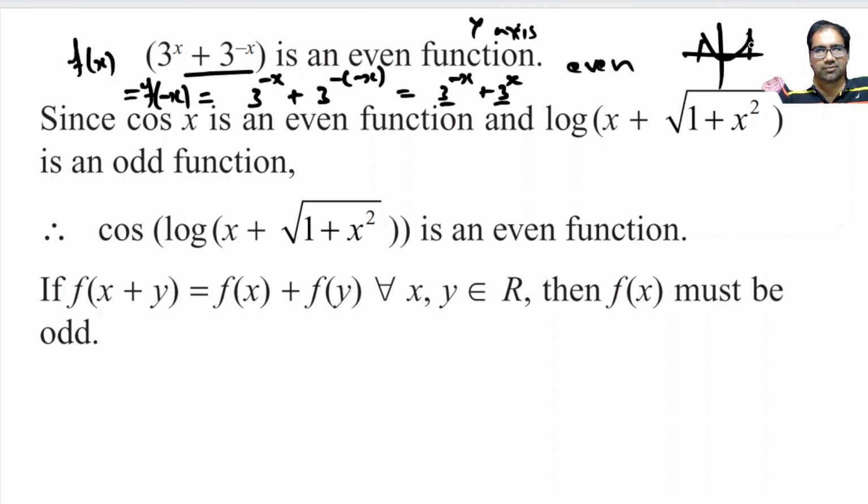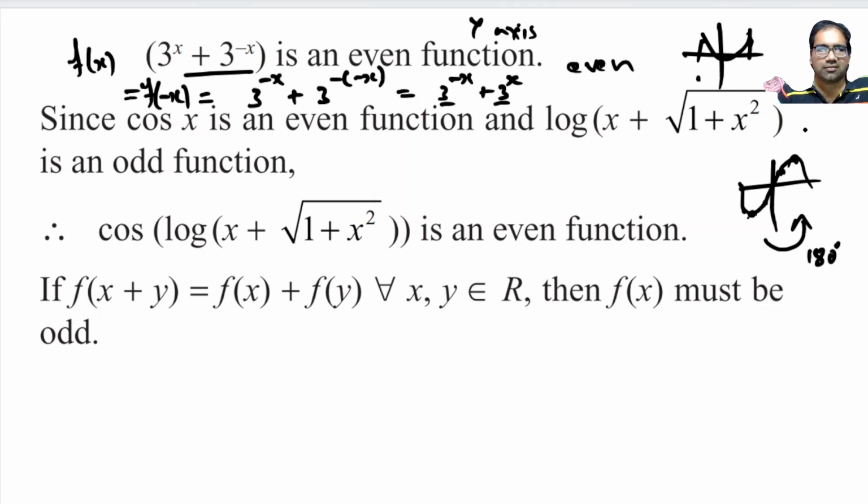Symmetric about origin means whatever value we are getting here, we should get the corresponding point there also. The graph should look something like a sine curve. This point is there, this point is also there. Likewise, the graph is symmetric about the origin. What does that mean? If you flip it by 180 degrees, you should get the same curve.